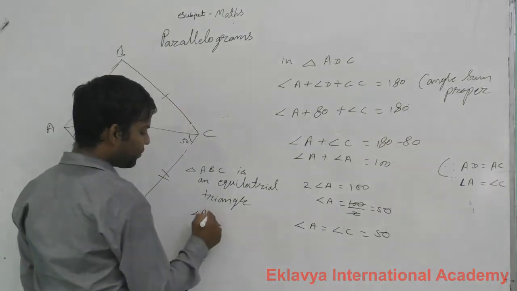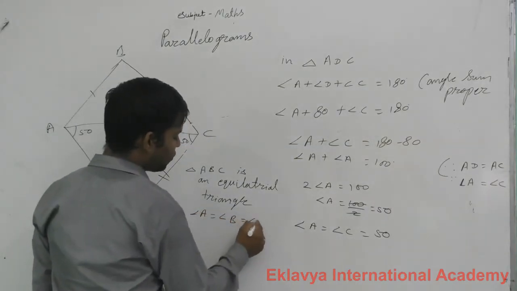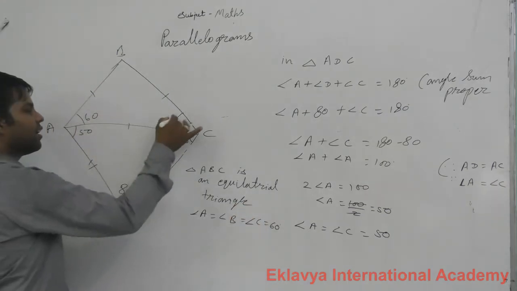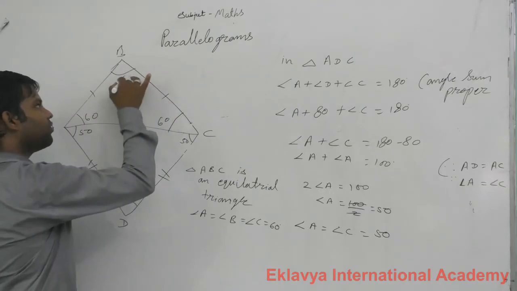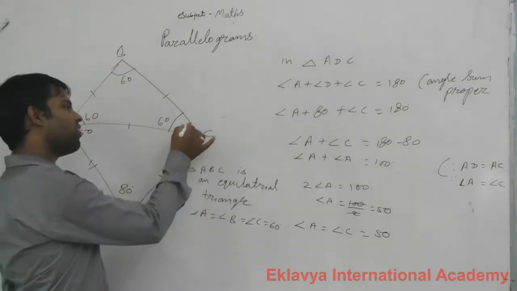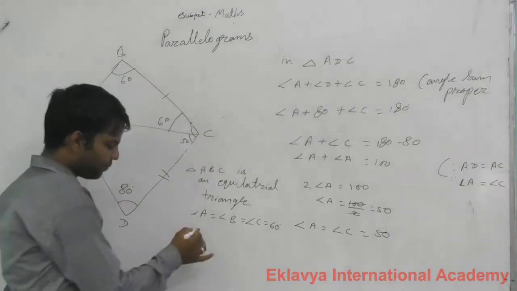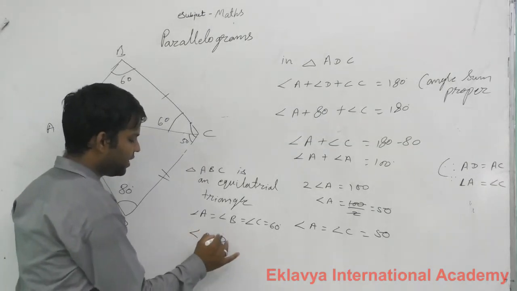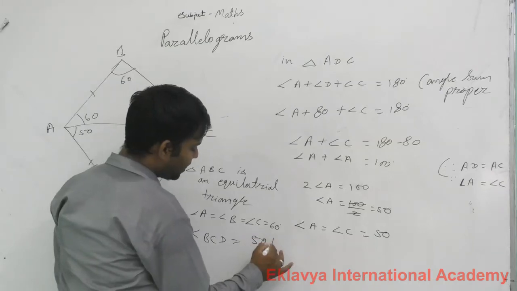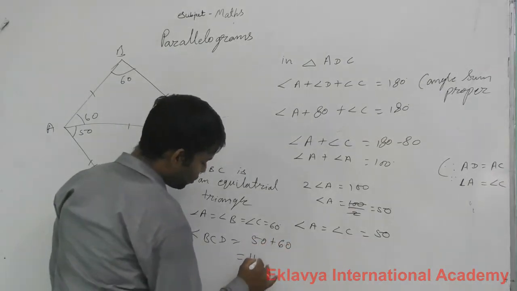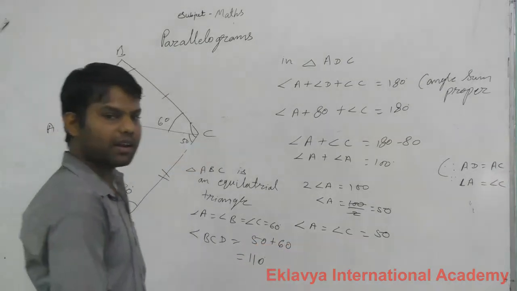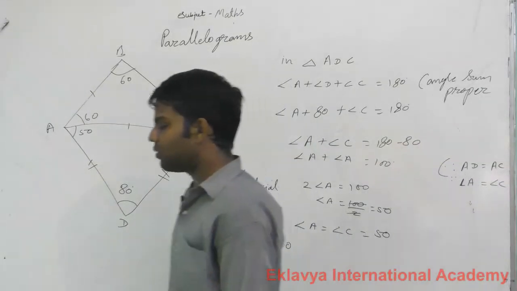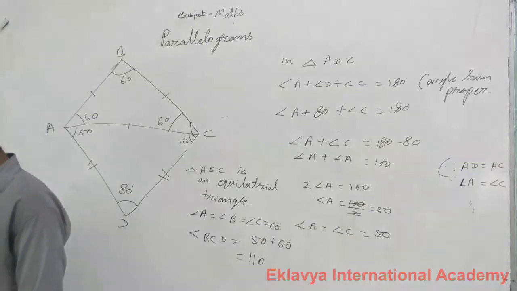So angle A is equal to angle B is equal to angle C, 60 degrees. We want to find the complete angle BCD, which is 50 plus 60, we get 110 degrees. So using these 3 examples you can do the complete exercise 14 B.